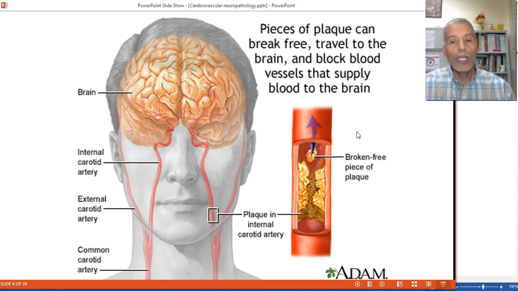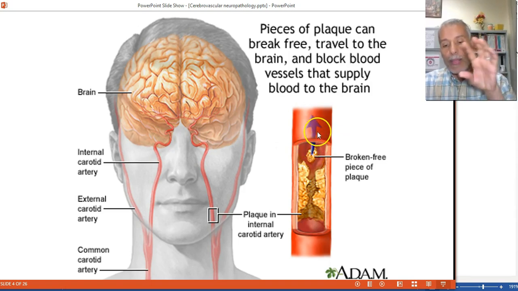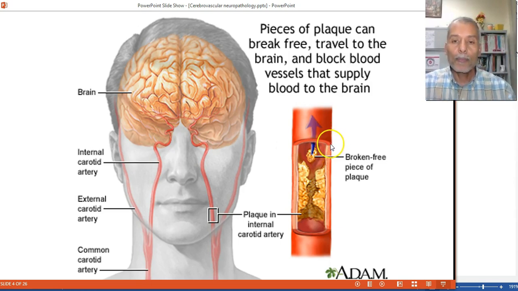And as I mentioned, if that ischemia is not immediately resolved, if the blockage is not immediately resolved, then the area is going to turn into an infarction, which means death of the neural tissue that is supplied by this area.